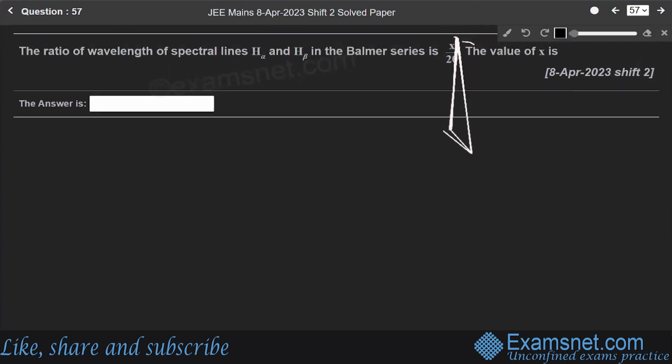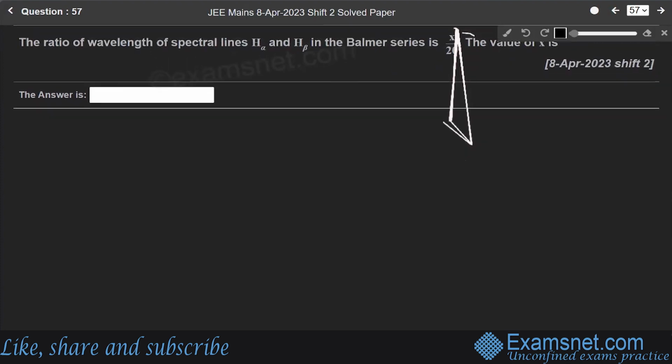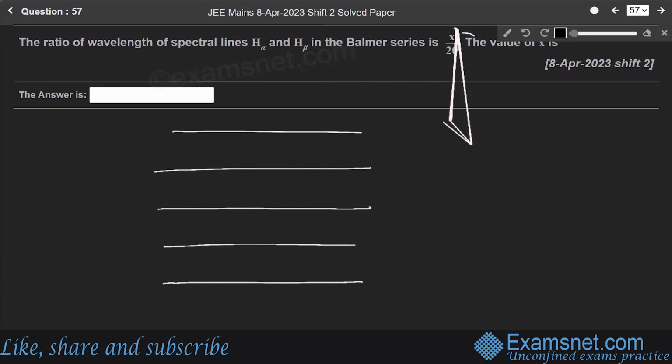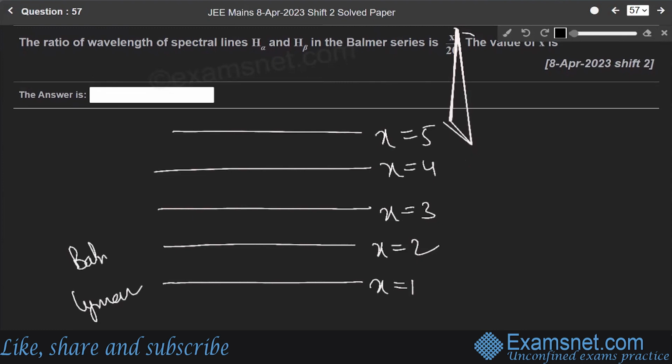Now we know the series: Lyman, Balmer, Paschen, Brackett, and Pfund, for n equals 1, 2, 3, 4, 5. This is Lyman, this is Balmer, this is Paschen, Brackett, and Pfund.